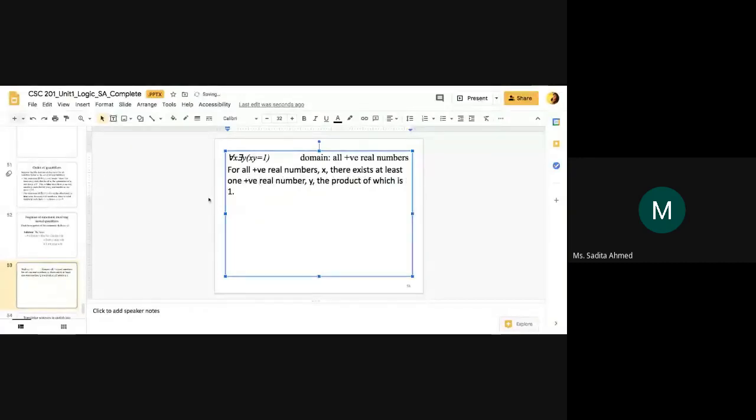Positive. Okay. So if you rephrase it, every positive real number has at least one positive real number such that the product of the two is 1.